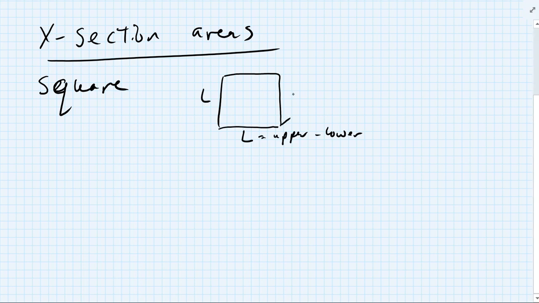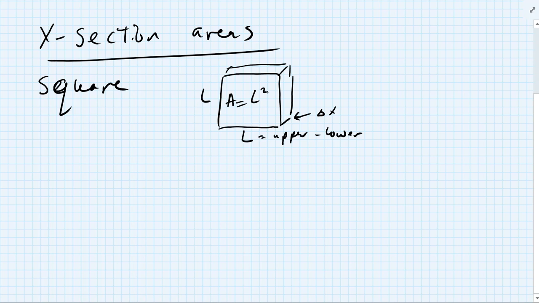And then there's going to be a width to it, and that width is delta x, or delta y. Since it's upper minus lower, it's delta x. That's going to make a volume, and first we start with the area. So this area right here is equal to length squared, right?